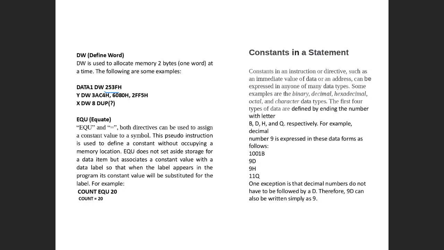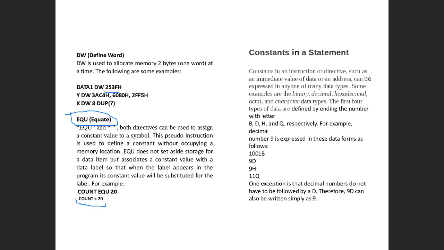There is another example of a pseudo instruction. It's called EQU, for equate or equal. For example, count EQU 20 or X EQU 20. What does it mean? It is the same as count equal 20. They both are the same, so we can use EQU or we can use the equal sign.